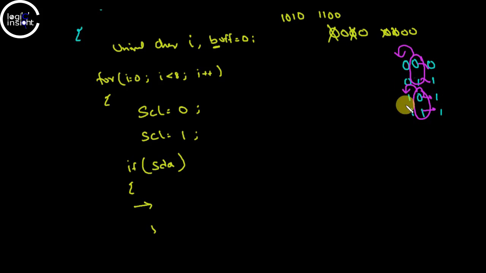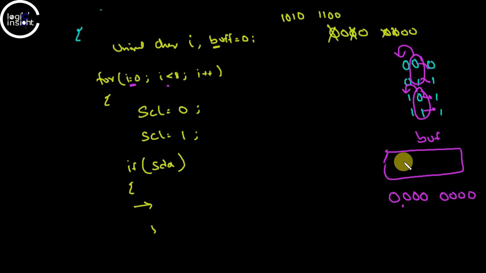So how can we use it? This is our data, for example, which I'm going to transfer. First I'll put 1. If I put 1, then this condition is true. If this condition is true, I have to store 1 in a buffer variable at this position.